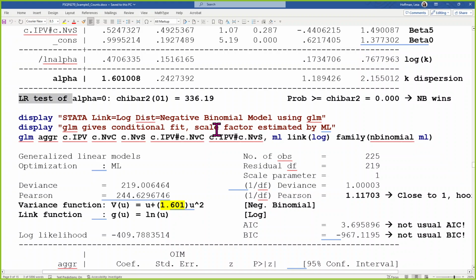Likelihood ratio test, difference in -2 log likelihood. A recurring theme. So this is testing directly whether the likelihood of the negative binomial model is taller than the likelihood of the Poisson model. The probability is 0 to 3 decimal places, so the answer is yes. This model fits better.